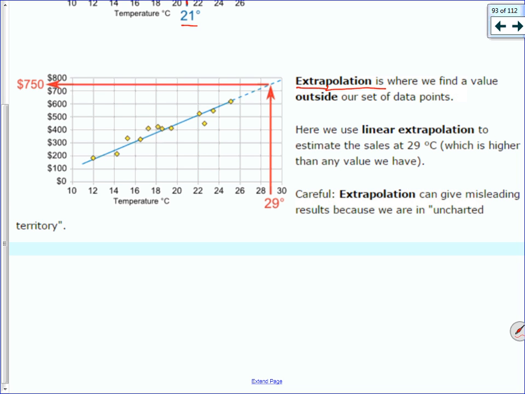What they have done is just what you guys did. They create a scatter plot, they write an equation, and they simply draw the line to go further. And they say, okay, if it gets even hotter, how much ice cream will we sell? In this case, 29 degrees Celsius, and they'll sell $750 worth of ice cream.